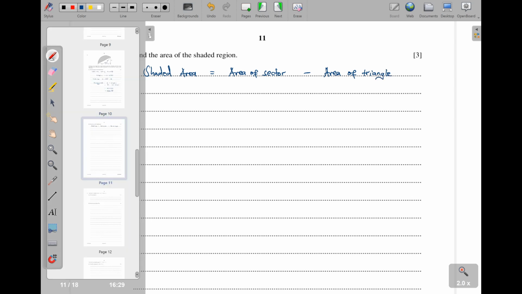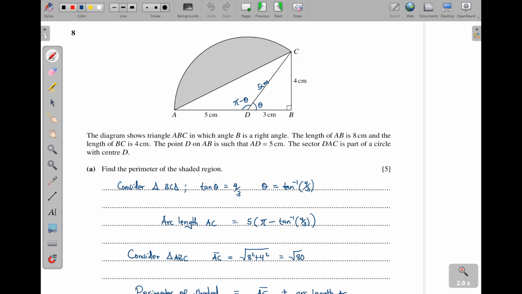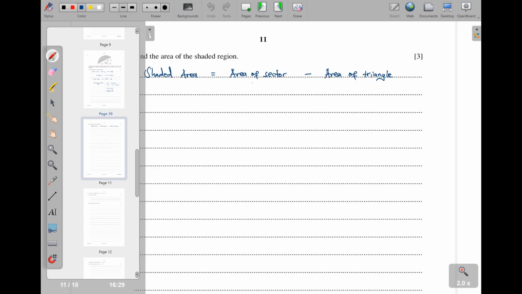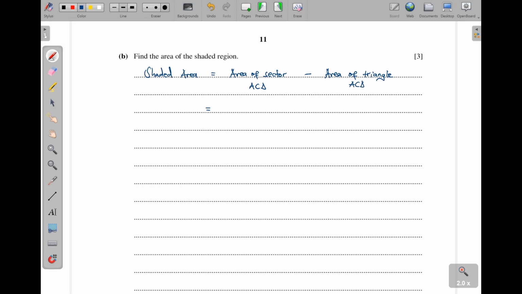So the sector is which one? Sector is ACD, and also the triangle is ACD. Now, this one is a half r squared theta, okay?